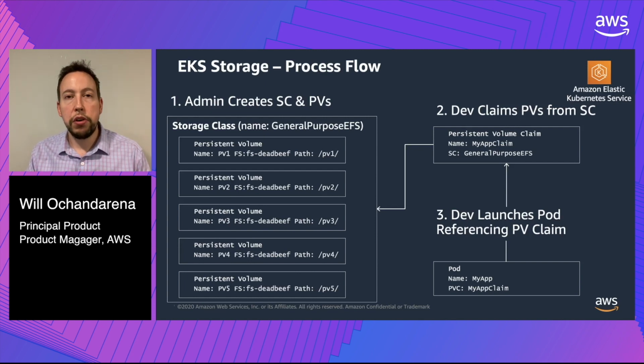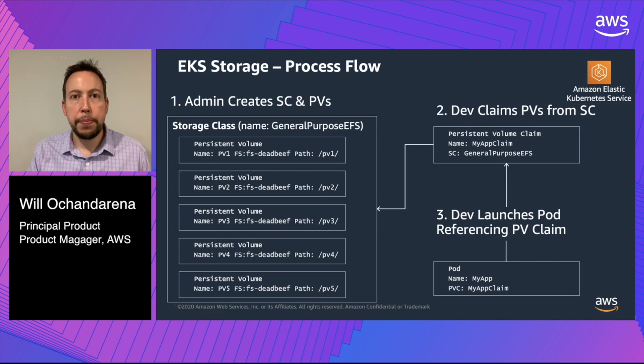And then within that storage class, you launch multiple persistent volumes. And each of those can point to a different file system, or you can have multiple persistent volumes pointing to the same file system just under different access points.